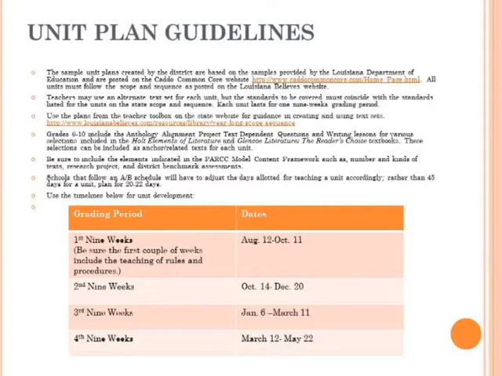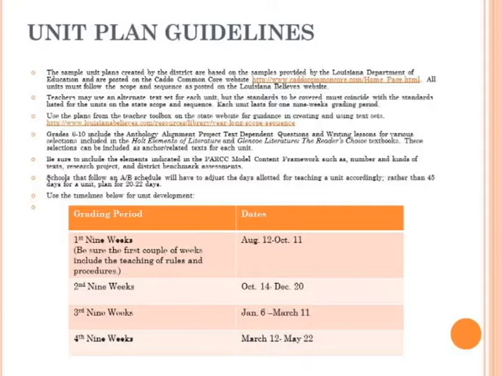Be sure to include the elements indicated in the PARCC model content framework, such as number and kinds of text, research projects, and district benchmark assessments that will be utilized for each particular unit. You will find a link to the PARCC website on the Caddo Common Core website, as well as the Louisiana Believes website.